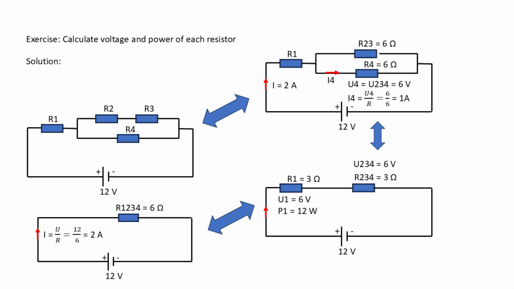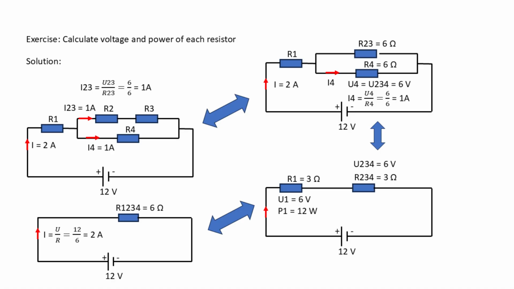Next, we analyze the second branch, which is the series combination of R2 and R3. We already simplified this branch as R23 equals 6 ohms. Again, applying Ohm's law, I23 equals 1 ampere. So the current through the second branch is also 1 ampere.